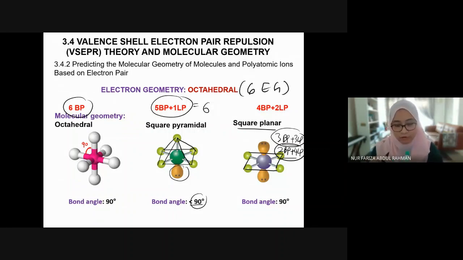So how do we draw so that we could get all these structures and geometries? Alright, I would highly suggest, if you have determined the electron geometry from the Lewis structure and decided that it is octahedral, you transform your Lewis structure into this form. AX6, there are 6 atoms. So I would highly suggest you draw like this.